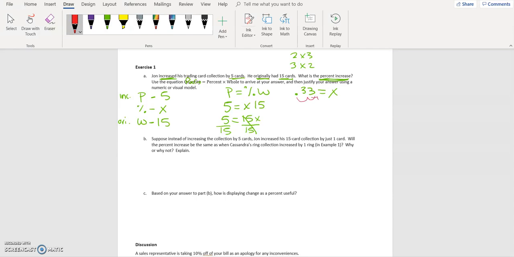We can only deal with a percent as a decimal or as a fraction, but we have to change it back. We have to go back and forth between the two. So 2 places to the right gives me 33% as my answer. A more precise answer, 33... Whoop, that's not more precise. It's giving me the exact same thing.